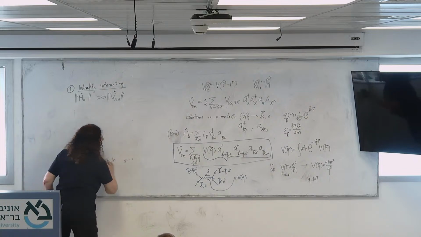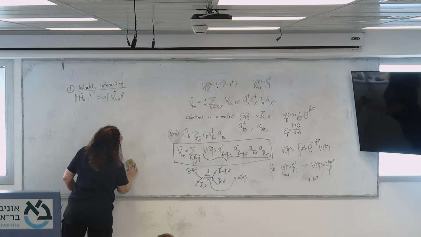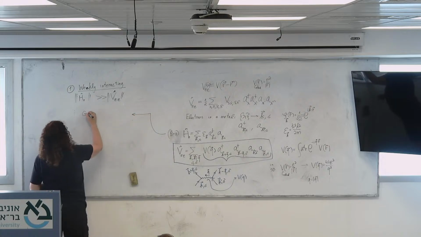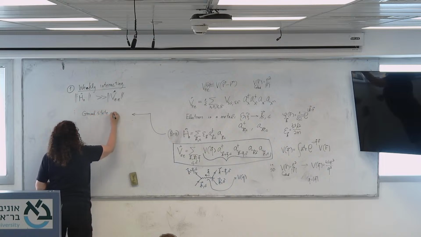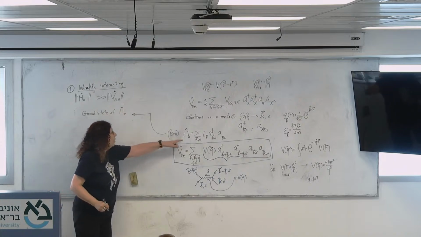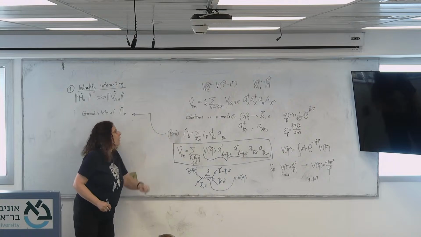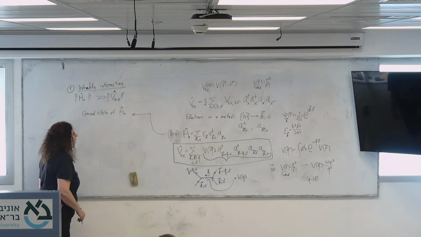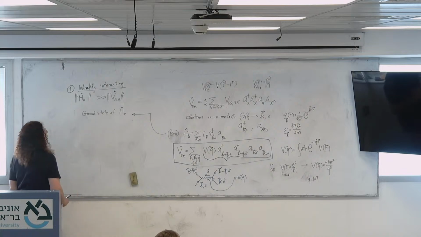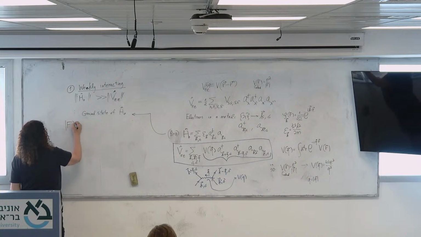So this is now the ground state of H naught in our case, because the states are characterized by the free particle epsilon k. What is the ground state, which I call F?